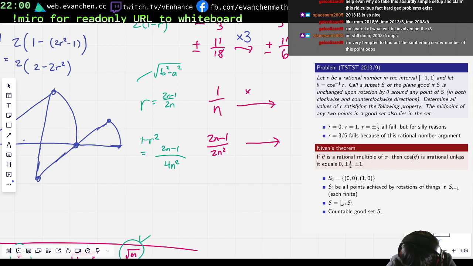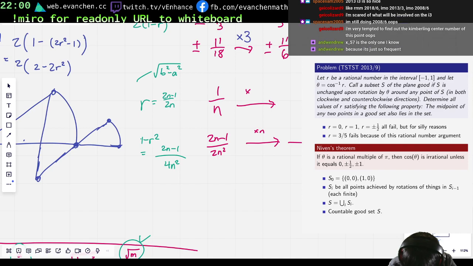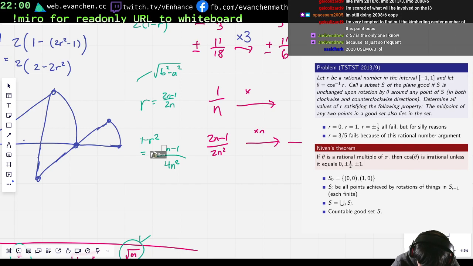So if I take n copies of this, this is 2n. I think I mismultiplied. I think I'm bad at arithmetic. This is 4, right? Not 2.